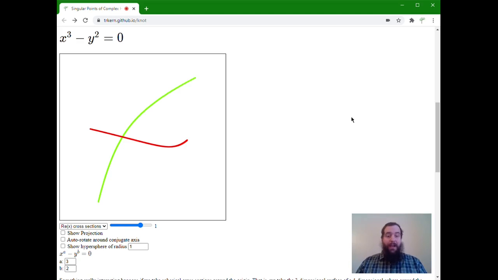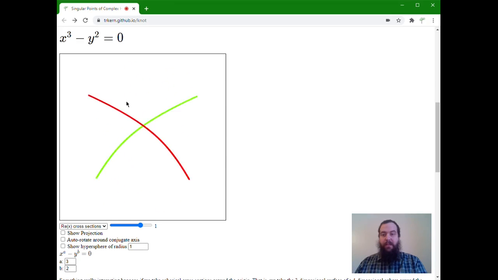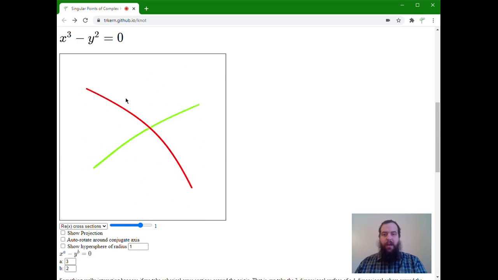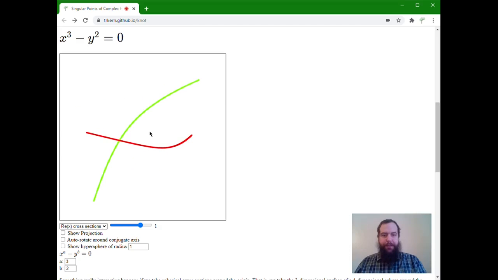So I definitely recommend that you head on over to trkern.github.io/knot. I'll link that down below, and actually play around with these. These are all created using three.js, so you can rotate them around and hopefully get a much better sense of what's going on by doing the rotations yourself.